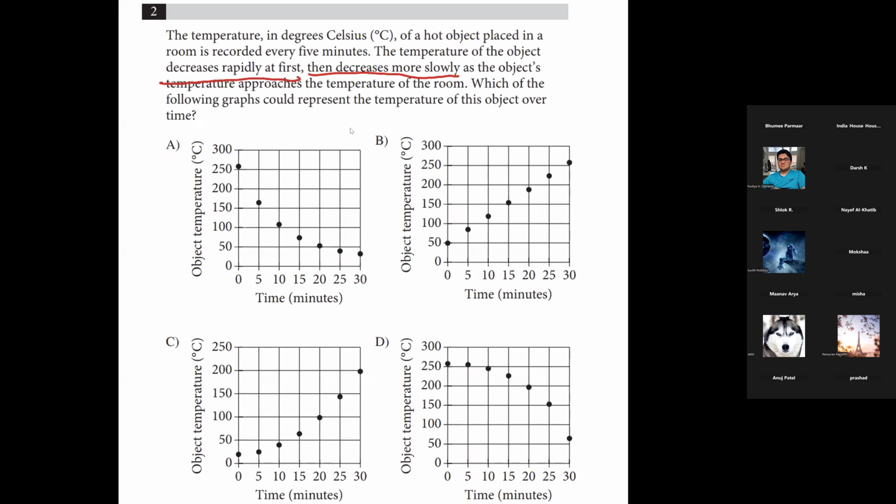First off, we know that it decreases, so it can't have a positive slope, so it can't be B or C. And we're told that it decreases rapidly at first, so big decreases at the beginning and then it slowly levels out. So the correct answer is answer choice A. For answer choice C, it decreases slowly at first and then quickly later, so it can't be that. So the correct answer is answer choice A.